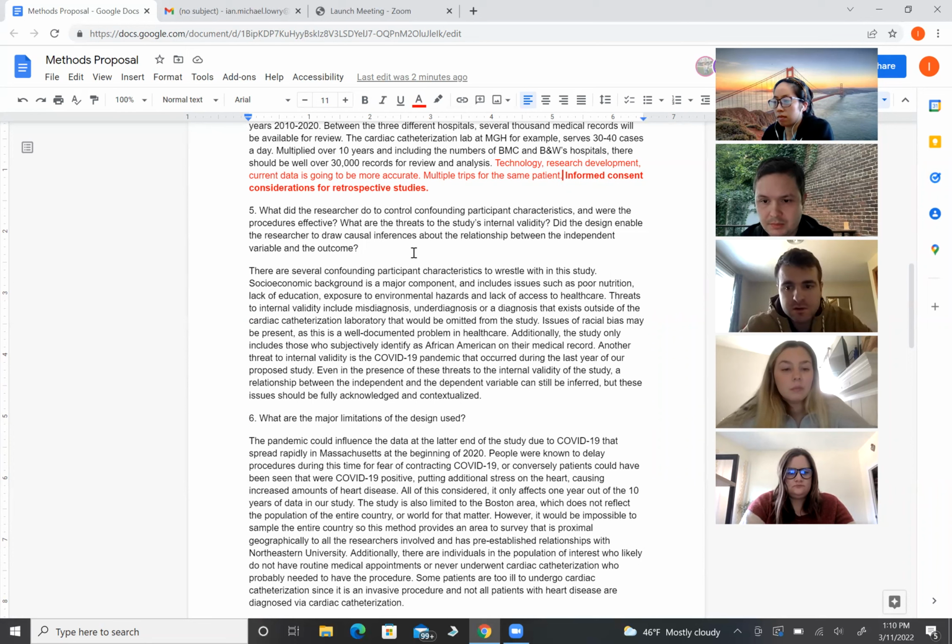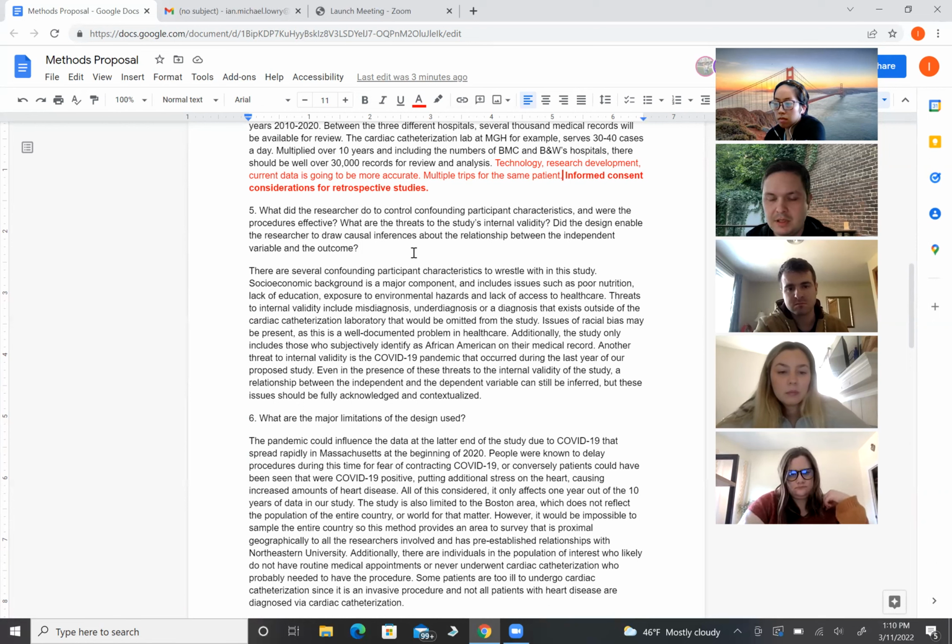Additionally, one thing I was thinking about is that if you identify as African American, that can be subjective, especially since people in this country are blended with a lot of racial backgrounds. So that's something to wrestle with. This is a smaller threat to internal validity, but it's something to consider.